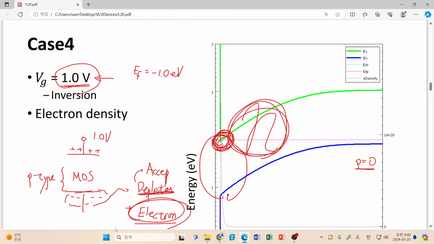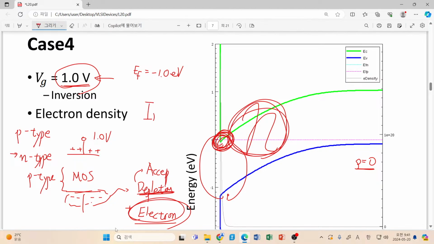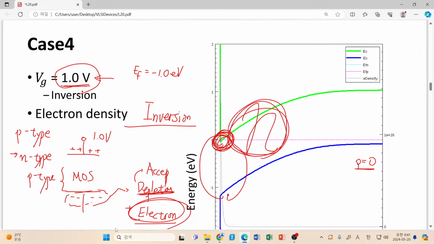So they thought that it is as if the type changes from p-type to n-type. So they thought that this is corresponding to inversion of their doping type. That's the reason why we call this phenomenon inversion.